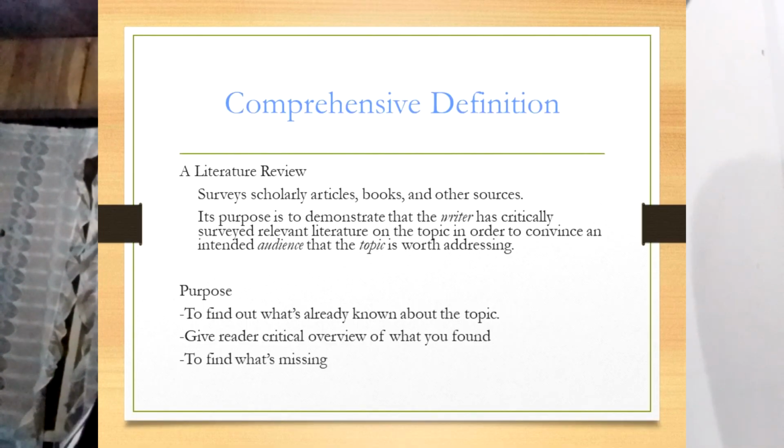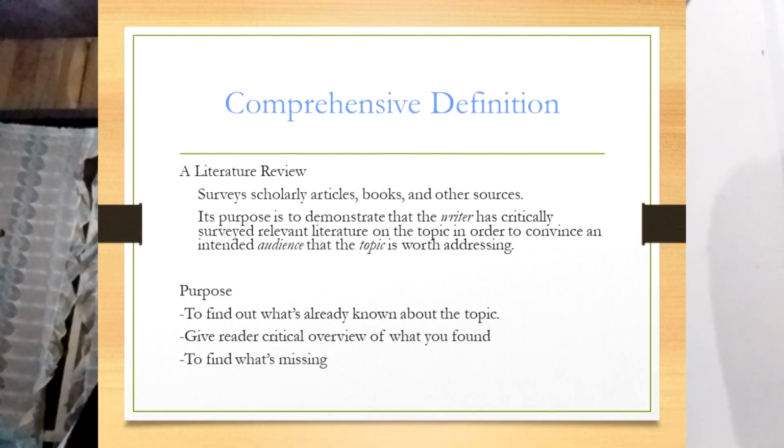What research has already been conducted? What articles and books have already been published that contribute to our topic? And next is to give the reader a critical overview of what you found. For the readers of our research, we're giving them an overview of our topic.